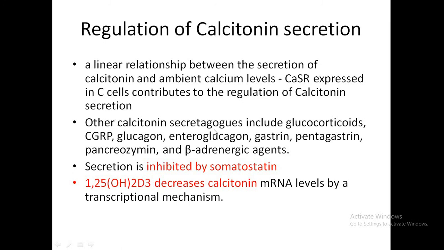Other calcitonin secretagogues include glucocorticoids, CGRP, glucagon, enteroglucagon, gastrin, etc. Secretion of calcitonin is inhibited by somatostatin, whereas these all will increase the calcitonin secretion. And when the calcium is increased, there is increased CaSR expression, and that will also increase the calcitonin secretion. And vitamin D decreases calcitonin mRNA levels by a transcriptional mechanism.